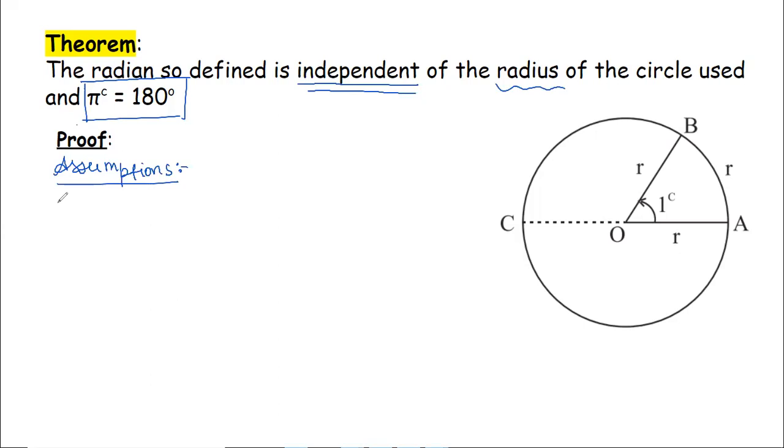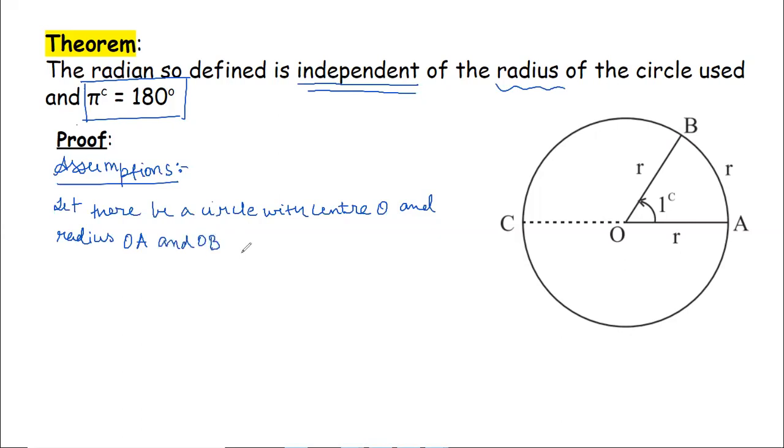The assumption is, let there be a circle with center O and radius OA and OB equal to R. Let the length of the arc AB be equal to the radius of the circle, which is equal to R.